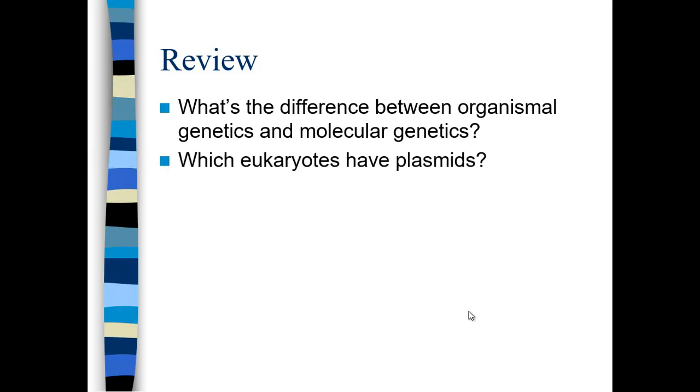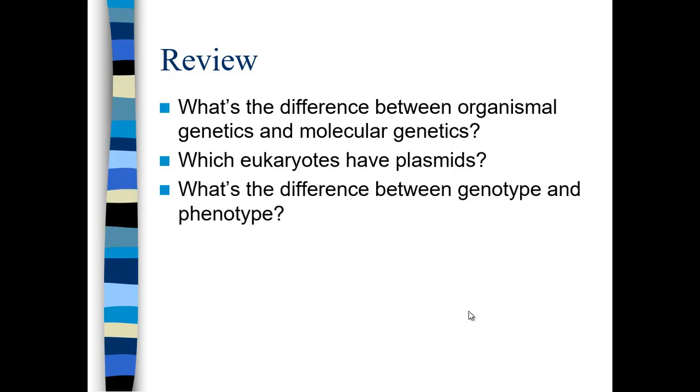Which eukaryotes have plasmids? This would include fungi and protists. What's the difference between a genotype and a phenotype? We've answered this before. The genotype is your genetic structure, and your phenotype is your outward appearance.